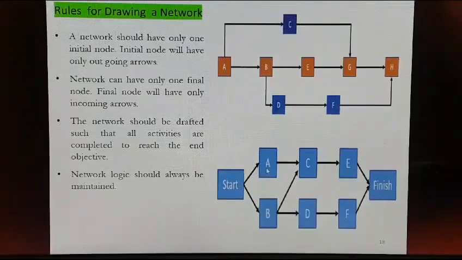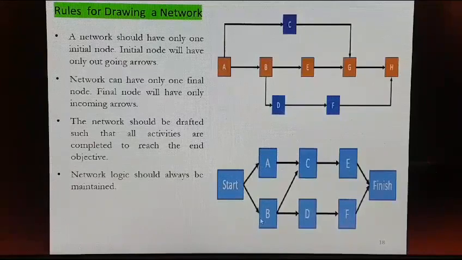Two activities A and B, which you are representing in two separate nodes. In that case, we have to add one more node to the left-hand side of these two nodes and mention it as start, and you can connect these two nodes from this start node.